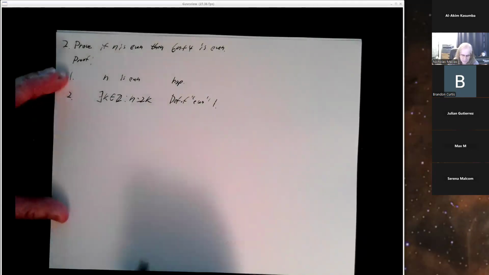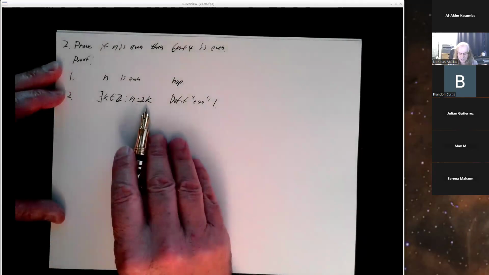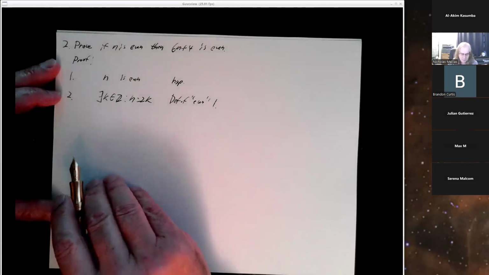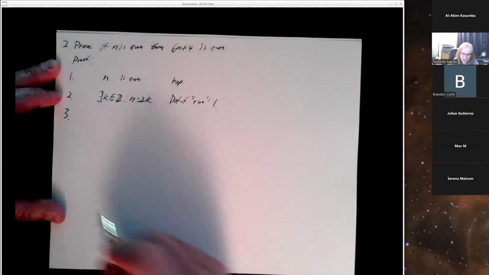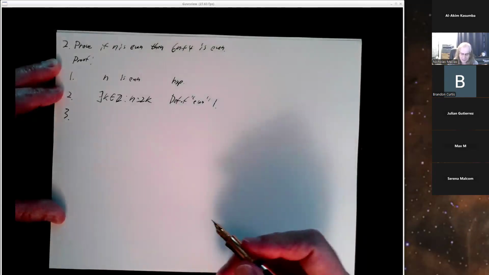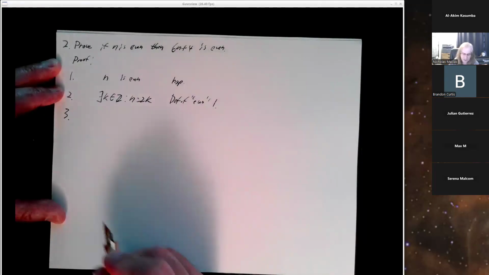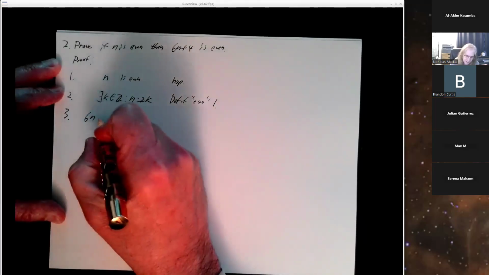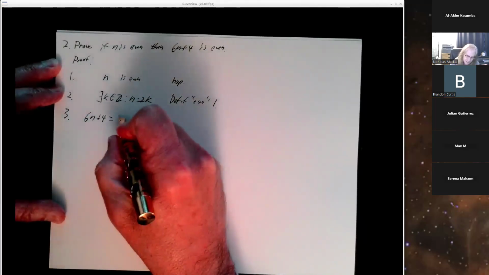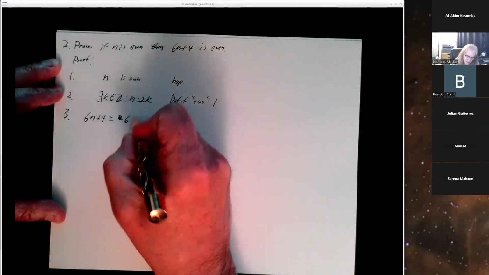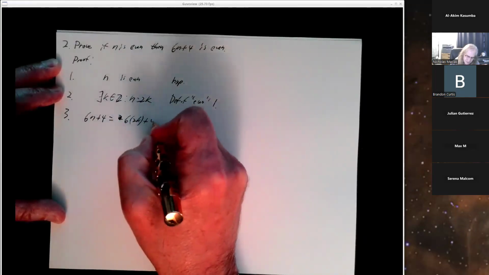So we know n can be written as 2k, where k is an integer, but we've got to do something with that. What most people figured out to do is to plug that version of n into 6n plus 4. So you can write something like 6n plus 4 equals 6 times 2k plus 4.